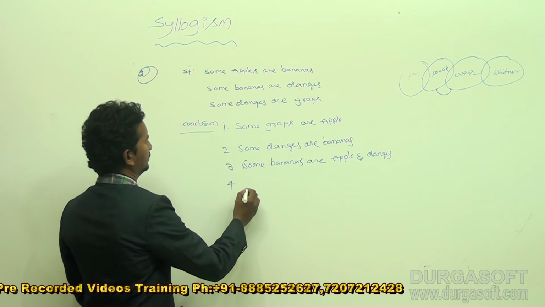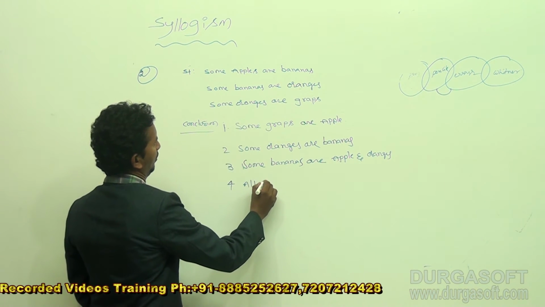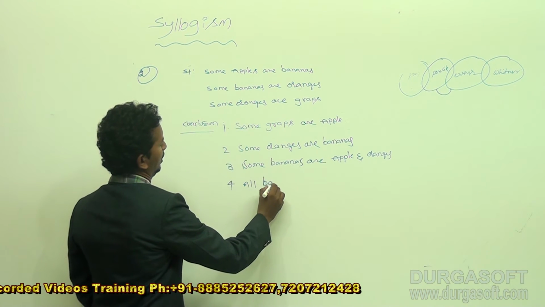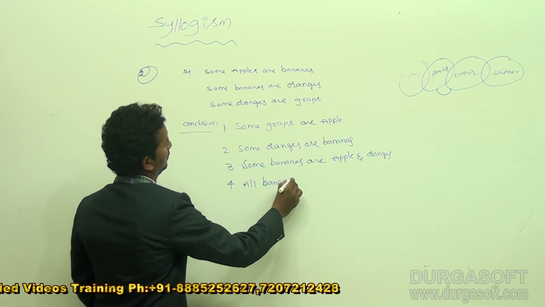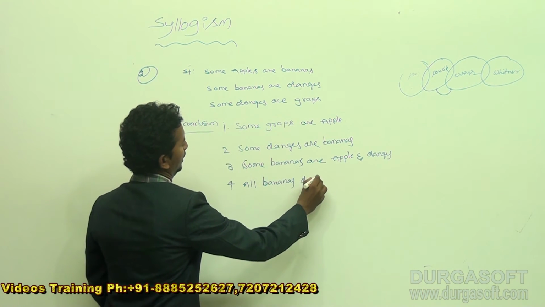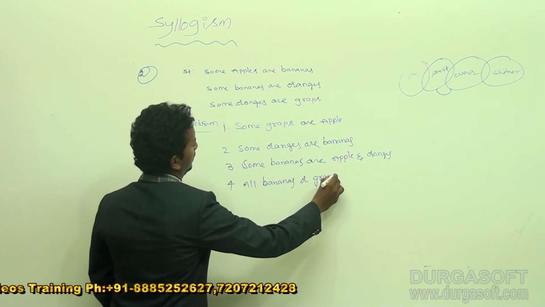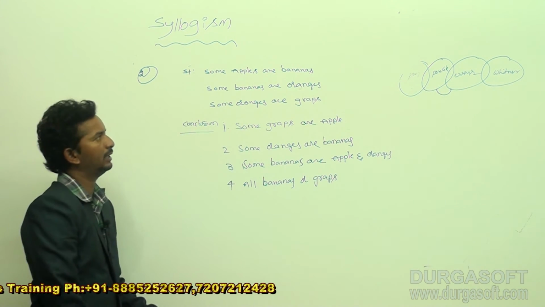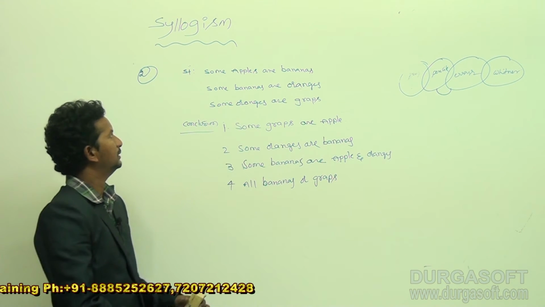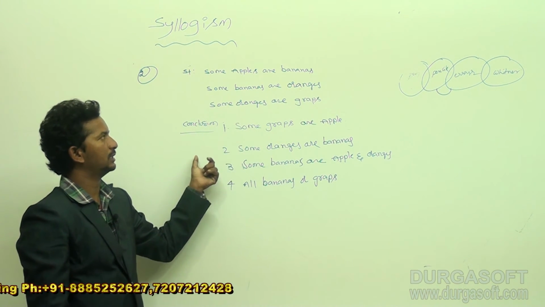Now the fourth one, all bananas are grapes. This is my conclusions. Now this is the statement, this is the conclusion.